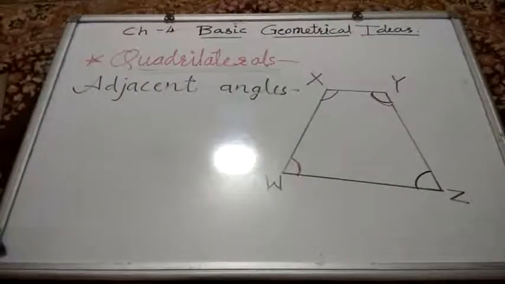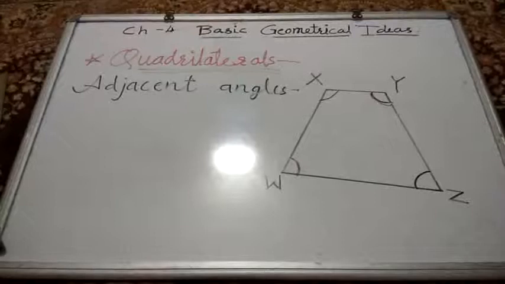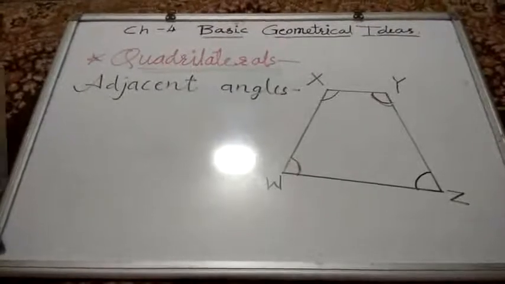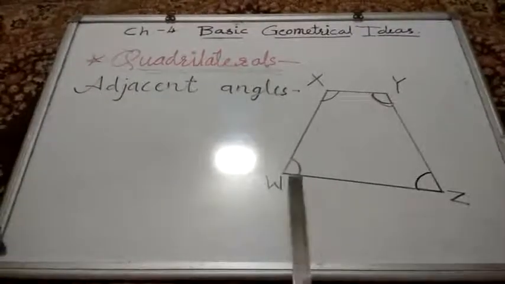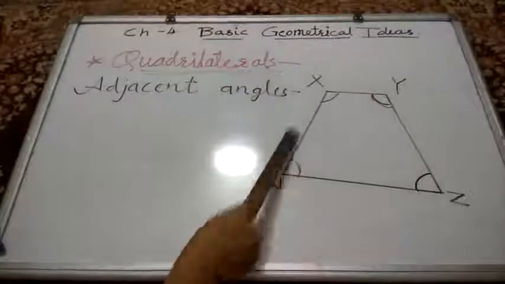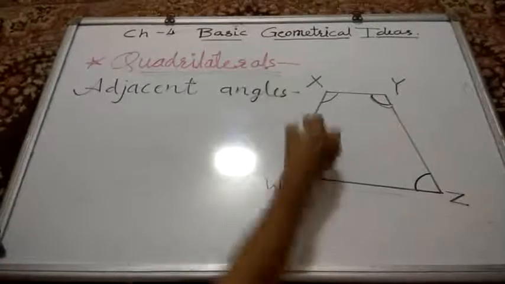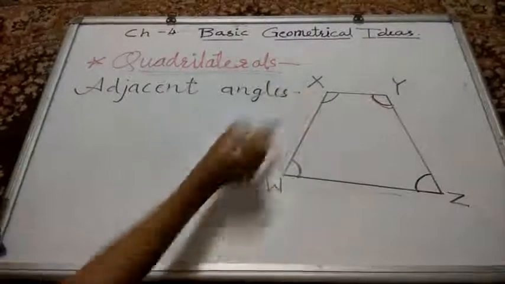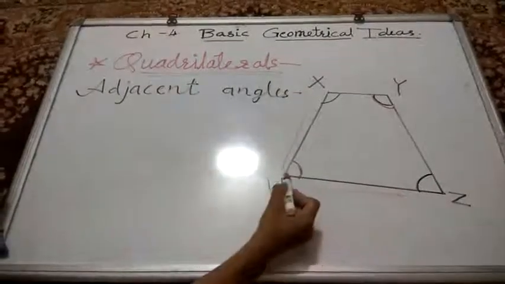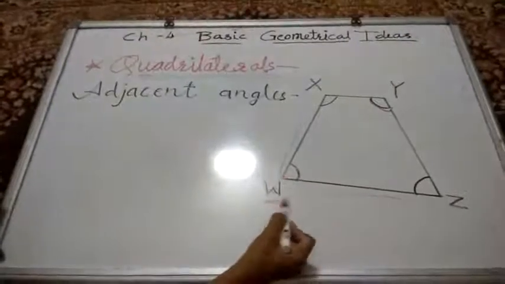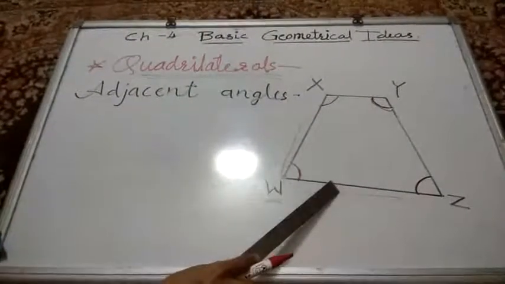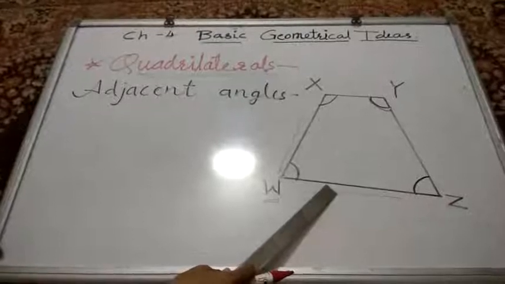Now we will learn adjacent angles. We have learned what adjacent sides and adjacent vertices are. Adjacent sides means when two sides have a common point. The common point of side XW and side ZW is W, so these two sides are known as adjacent sides.